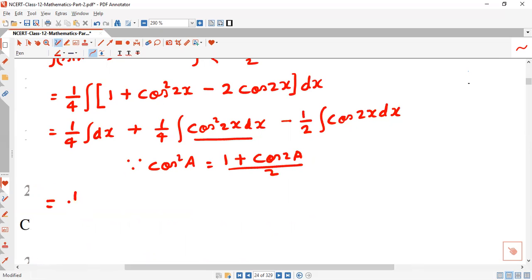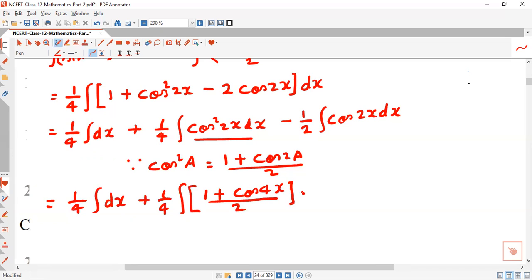So what we are getting: 1 by 4 integration dx plus 1 by 4. Here we again apply the formula. So what we are getting here inside: 1 plus cos 4x by 2 dx minus half integration cos 2x dx.